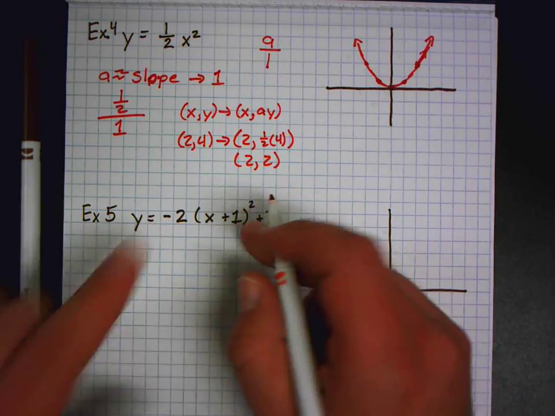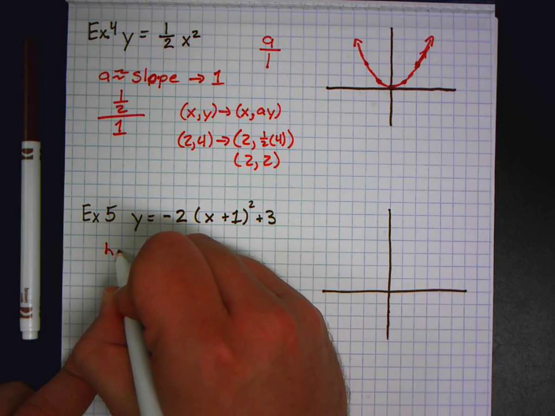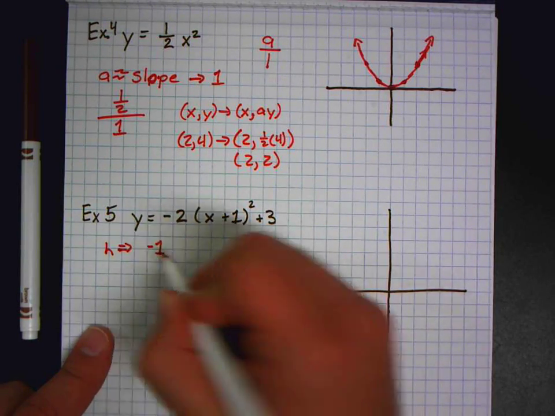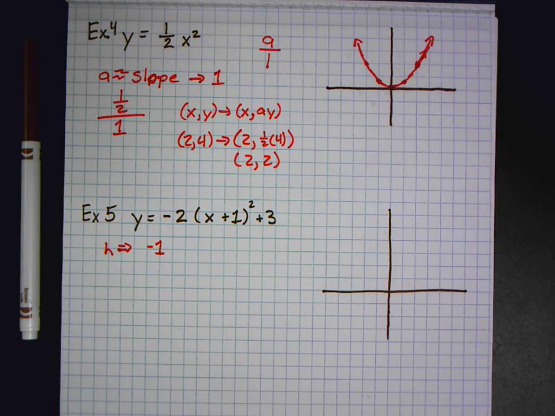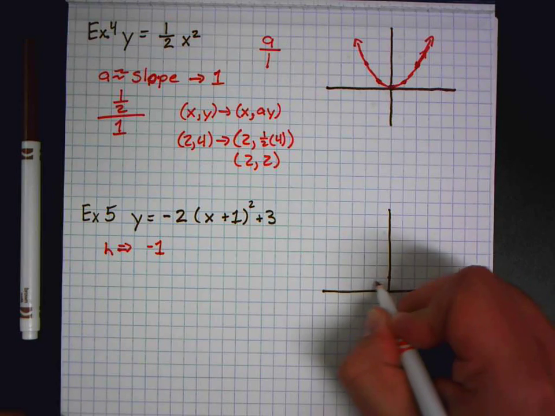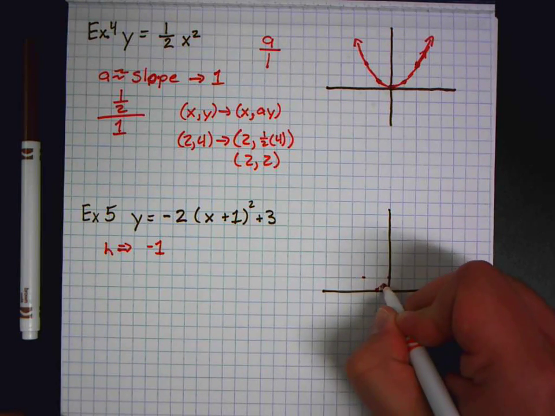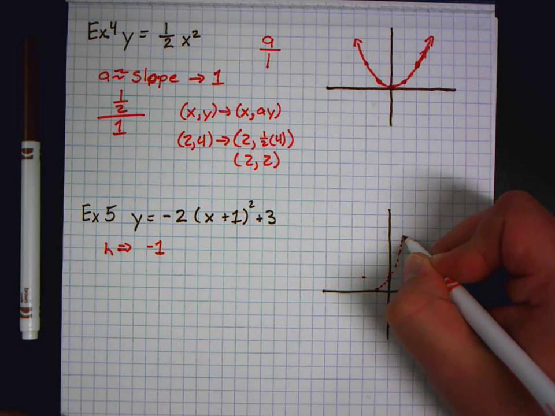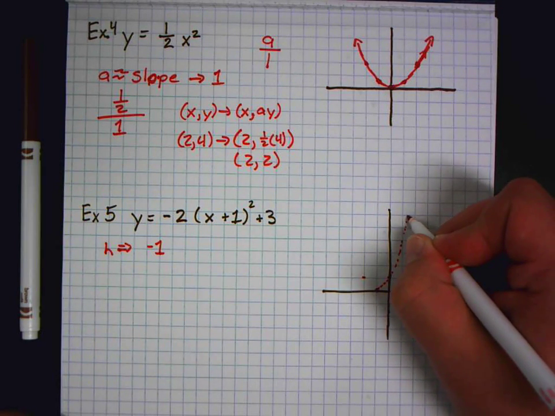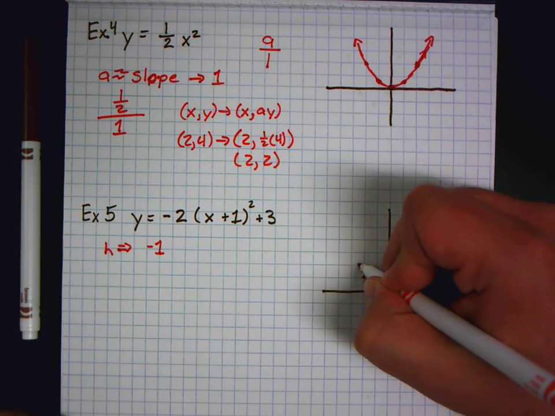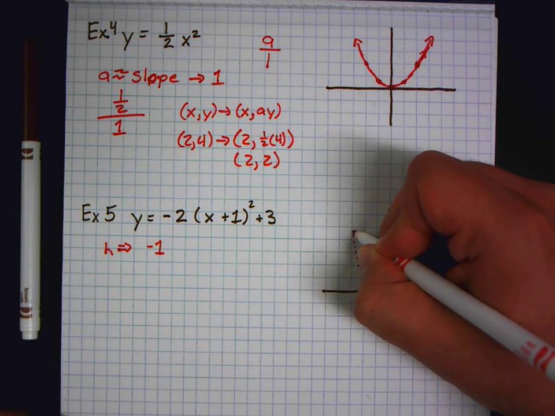According to that, h says that I should shift it -1, so that means to the left 1, right? I'm following my order of operations. Order of operations says parentheses first.